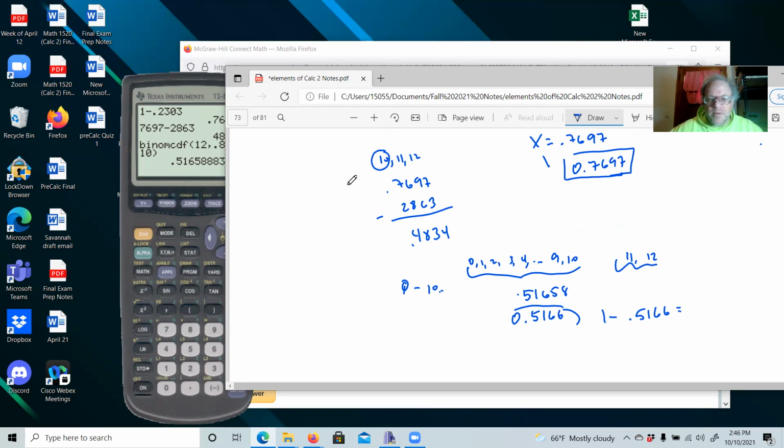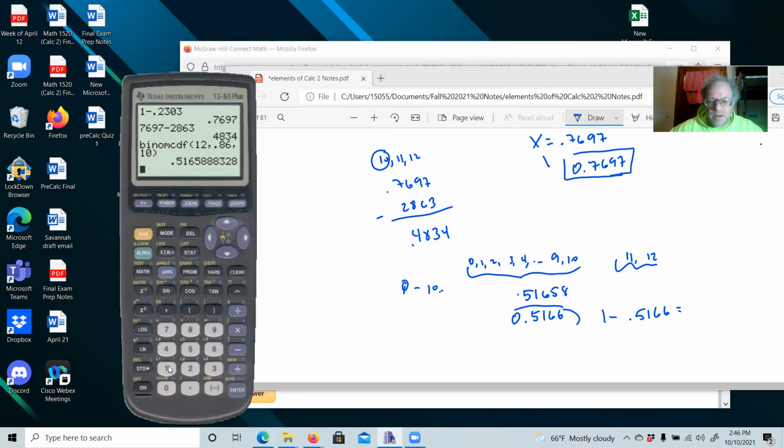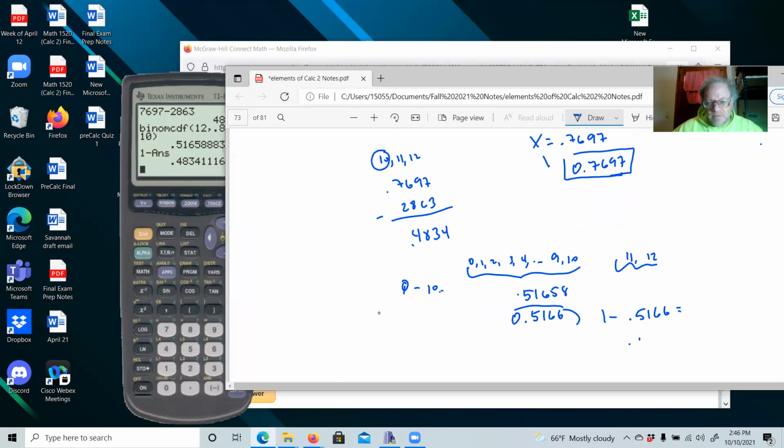All right, and what are we going to end up with? We're going to say 1 minus that answer. All right, so there's multiple ways of getting this. And we end up with 0.483411, etc. So at the 4 decimal places, we're going to be here. Again, both of the ways we did it agree, so we should be okay.